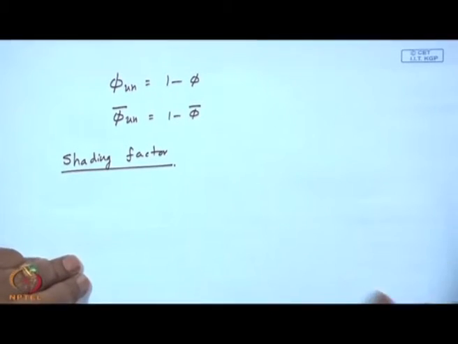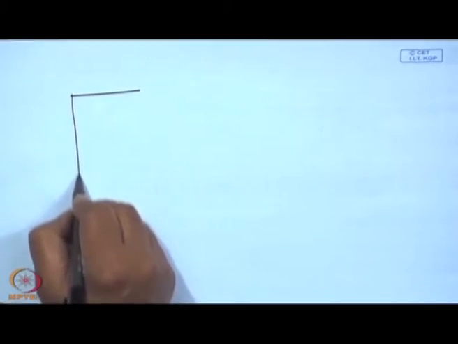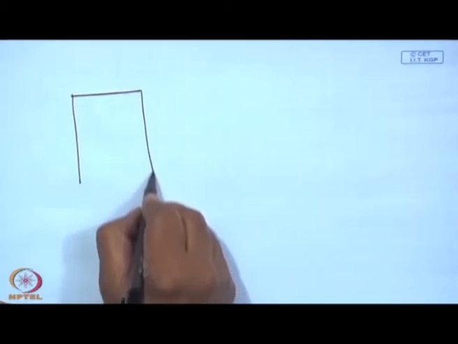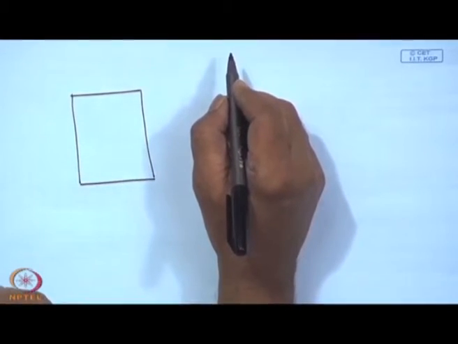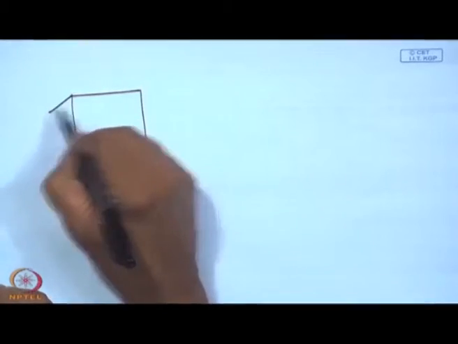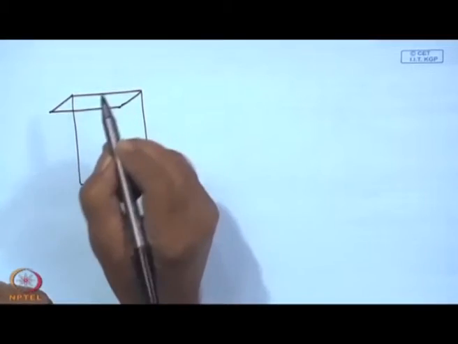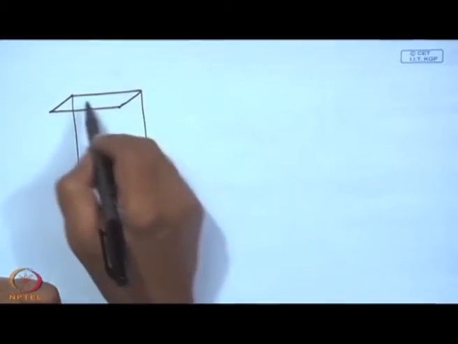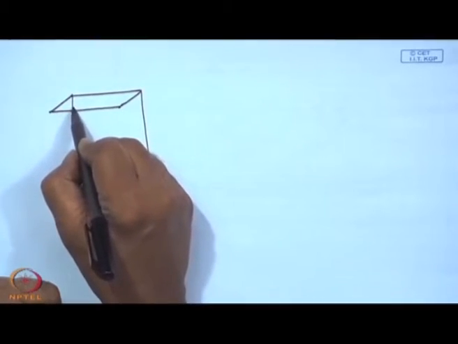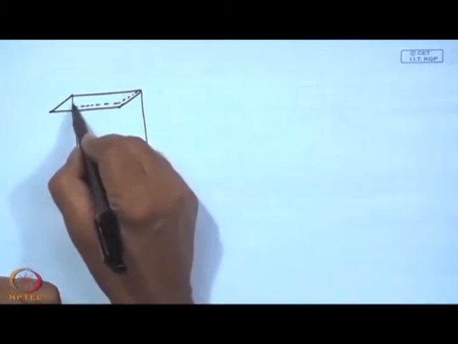Now, the shading factor. So, we have seen, if you have got a window, let us for simplicity assume that it is facing south, and we have got an overhang right flush with the top of the window, and that will cast a shadow like this.